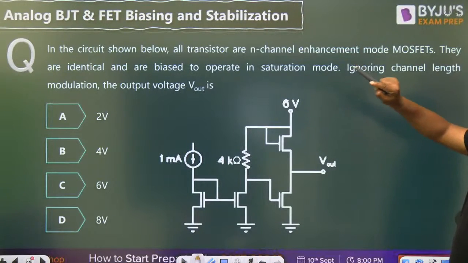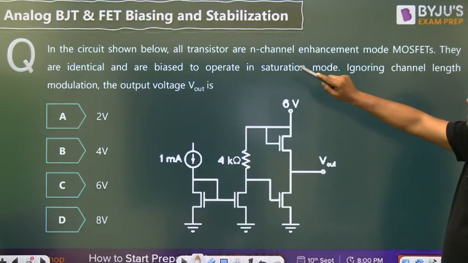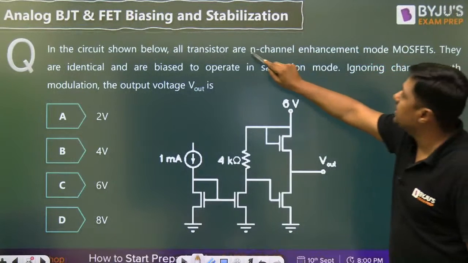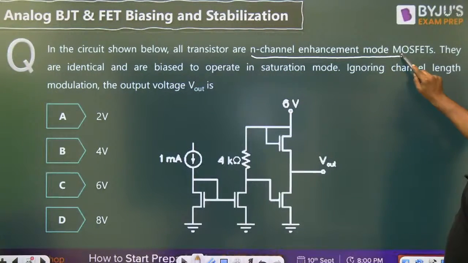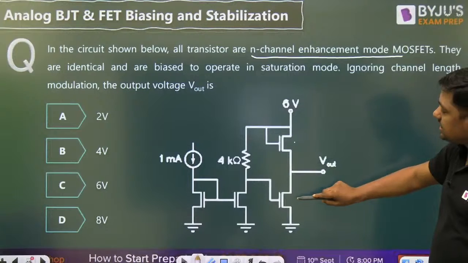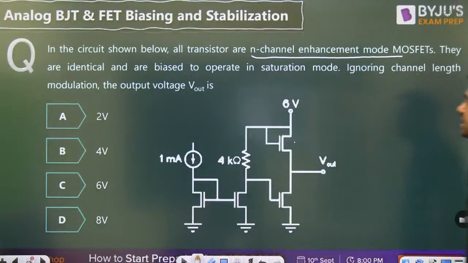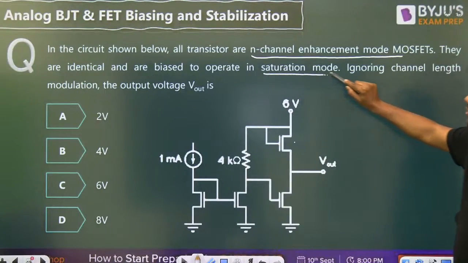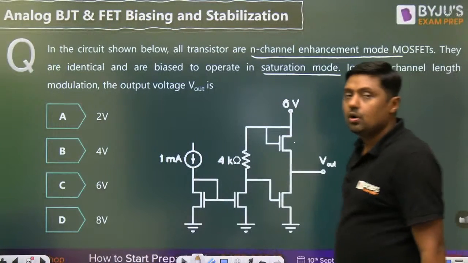In the circuit shown below, all transistors are N channel enhancement mode MOSFETs. This is N channel, this is N channel, that is N channel. They are identical, and all are biased to operate in saturation mode. That is given in the question.